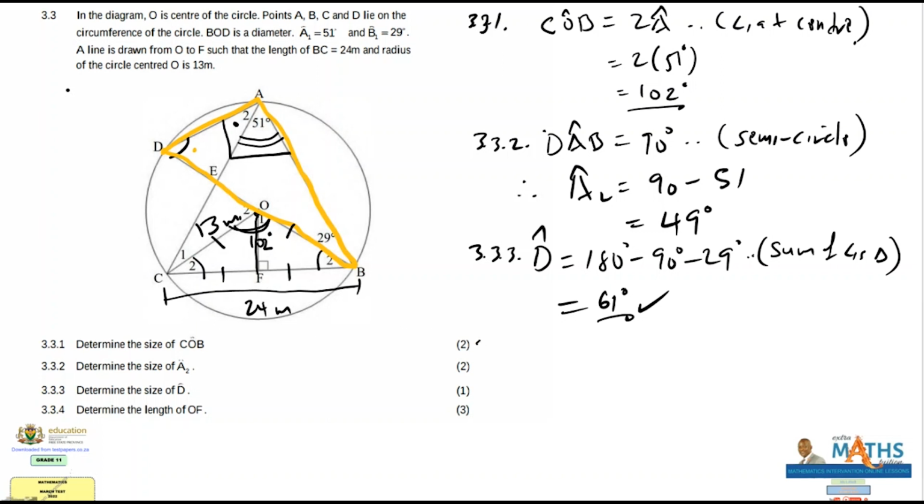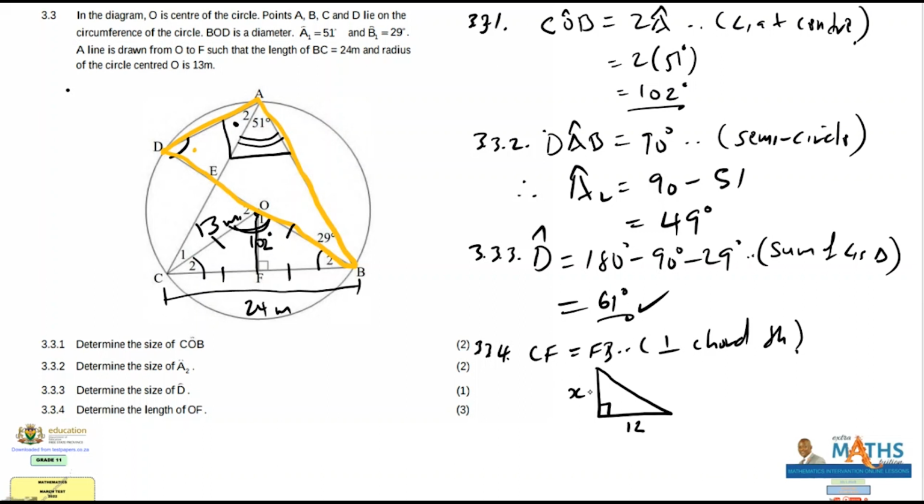It means we need to start by stating that CF is equal to FB. Why? It's the perpendicular chord theorem. Therefore, where is my right angle triangle? If this is 24, then this will be 12.